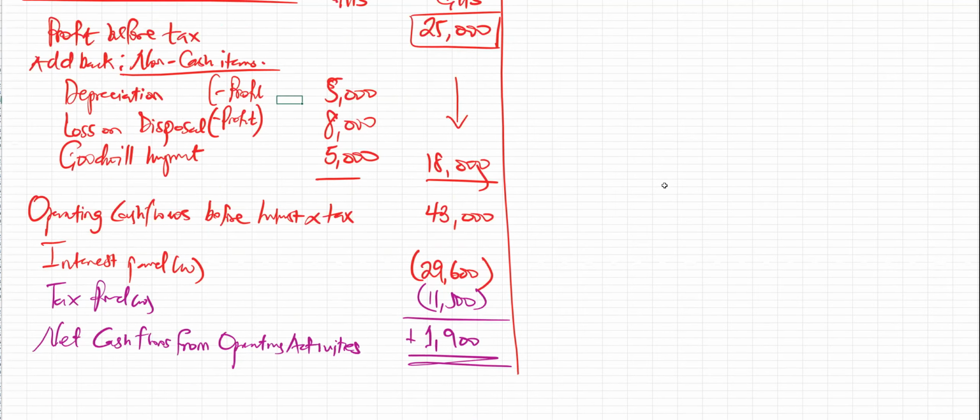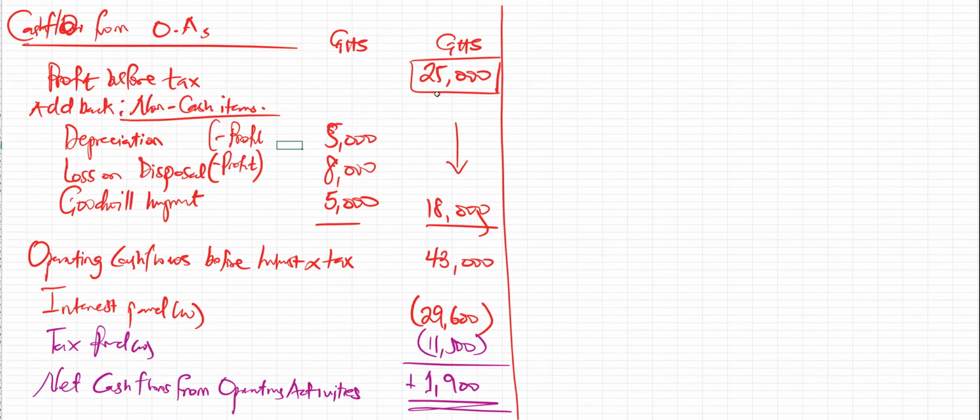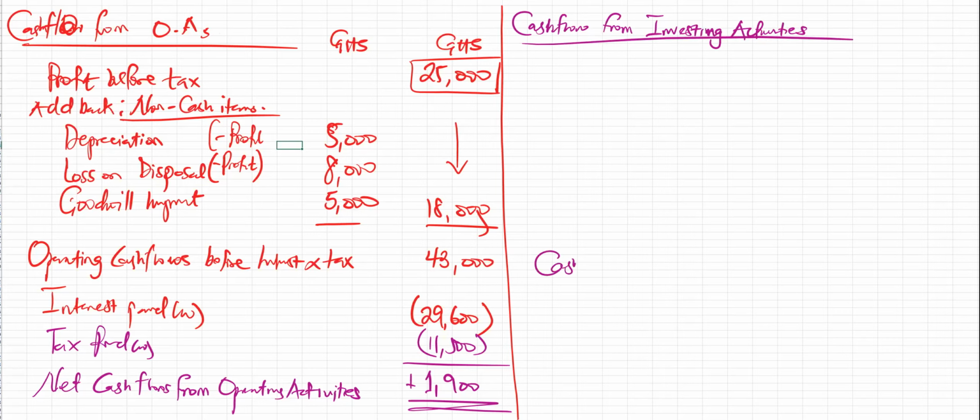Good. So now you see in the exam, you use a full page for operating activities. Then another page, you do cash flow from investing activities and cash flow from financing activities.